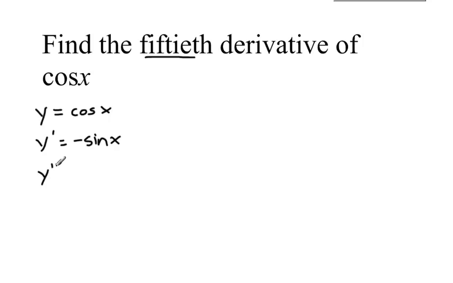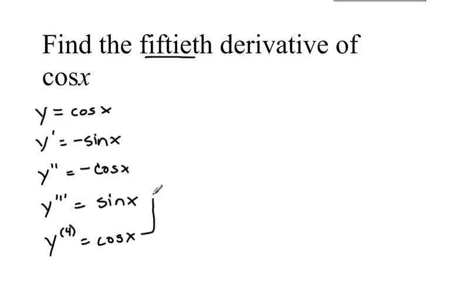We'll go for the second derivative. We know the derivative of sine is cosine, and this is just a constant, so negative cosine x. Third derivative, well, when we take the derivative of cosine, we get the opposite sign, so we're at sine x. And now the fourth derivative, which we write with a 4 in parentheses, equals cosine x.